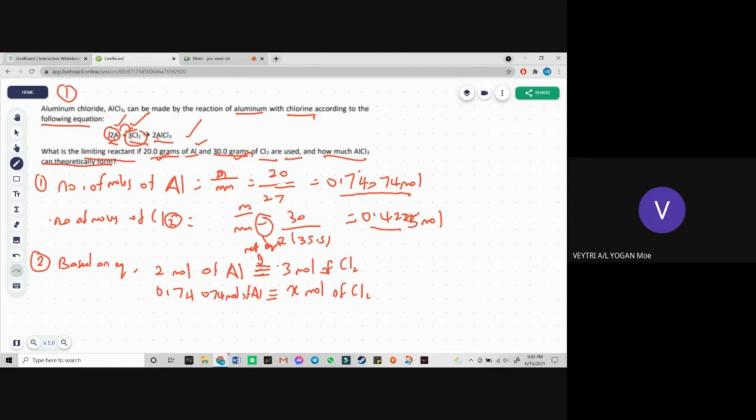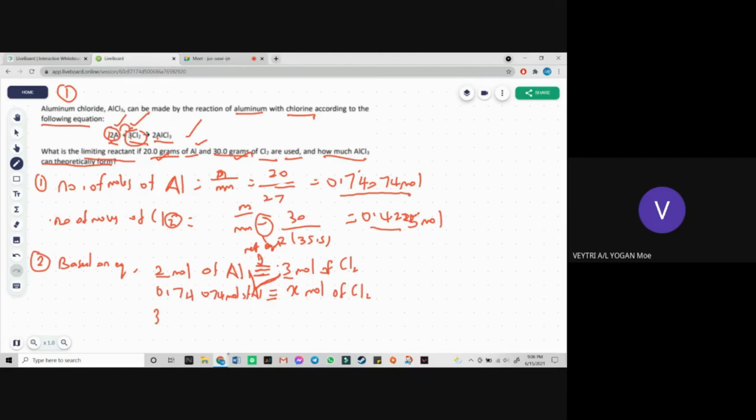Why do we do that? Because you want to find the value of X. You can find X for chlorine, or X for aluminium as well, because we are going to include the 3 and 2 here. How do we do so? Simple: multiply and divide. Whatever goes up in this equation, divide; whatever goes across, multiply. I repeat, multiply and divide.